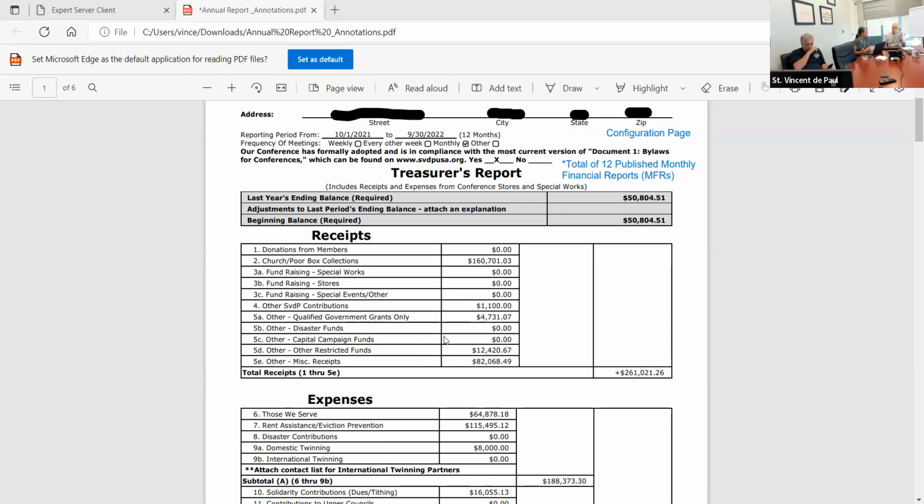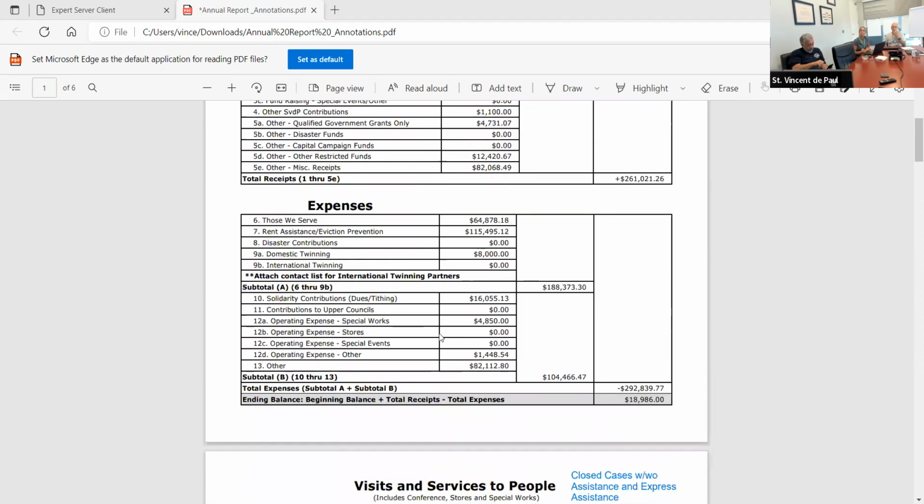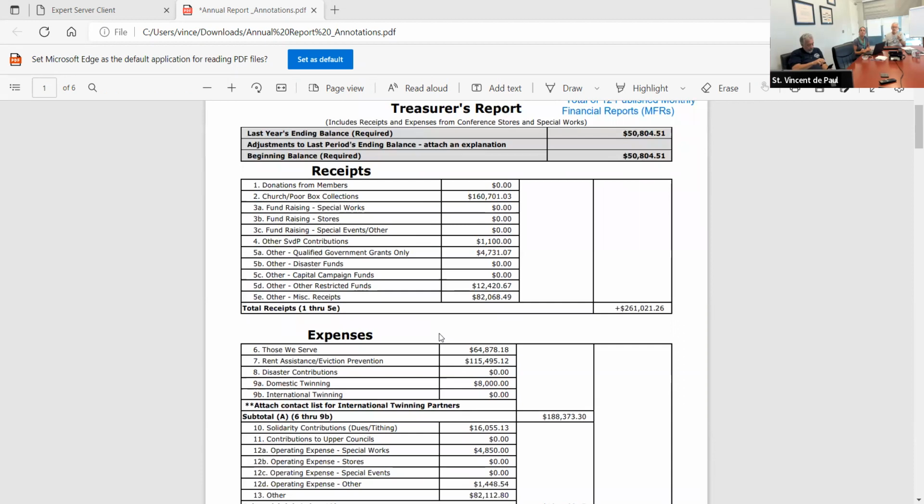Once in a while, it's been kind of fluky, we get a weird number in here, with special characters or something. It happens to one conference, not all, but very seldom do I get any questions whatsoever on the treasury report.